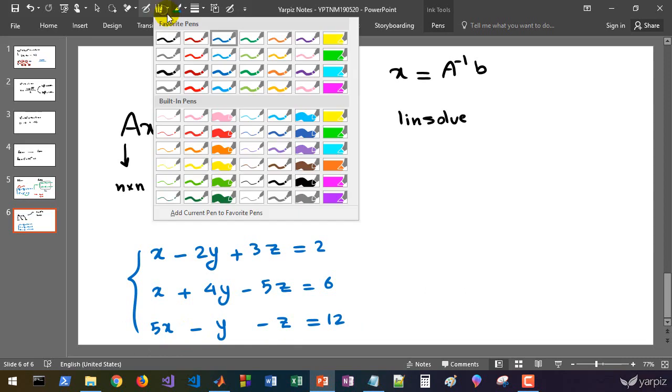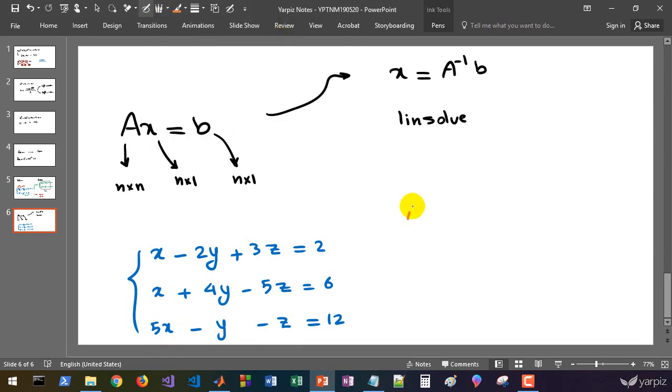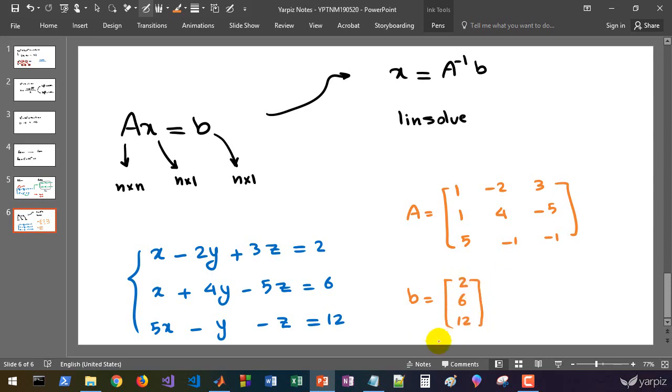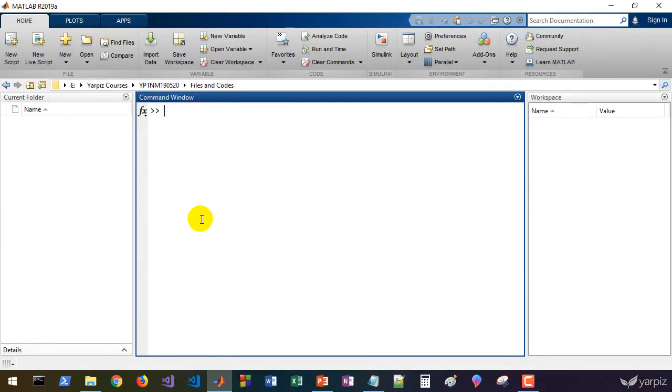And you know that you can define A as coefficients of these variables: 1, minus 2, 3, and 1, 4, minus 5, and 5, minus 1, minus 1, and b as the right hand side of these equations: 2, 6, and 12. And now we're ready to find the solution of this system of linear equations.